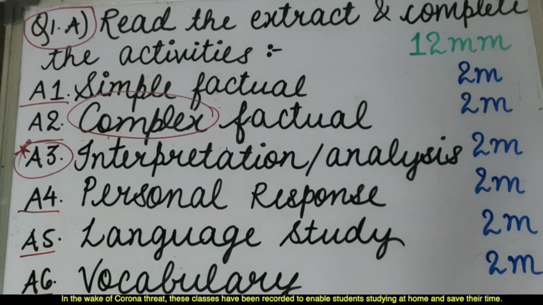Now, vocabulary means a set of words which are familiar within the language. So, it comprises of words which are familiar in the English language, and very easy questions are asked in the vocabulary part. So, this also carries 2 marks. So, in question number 1A, 6 activities are asked of 2 marks each, and question number 1A consists of 12 marks.